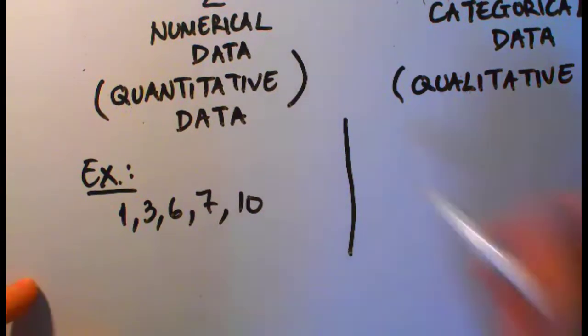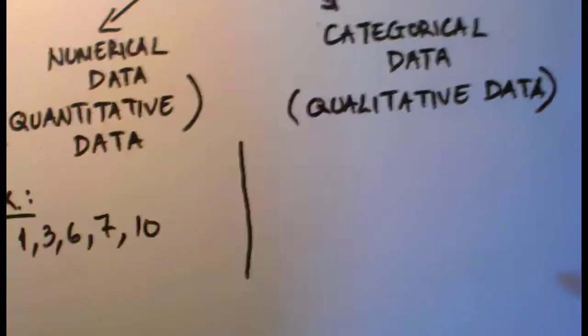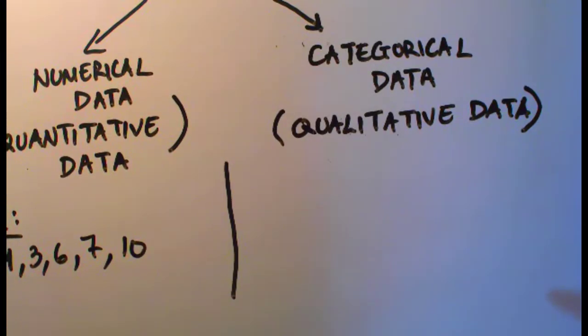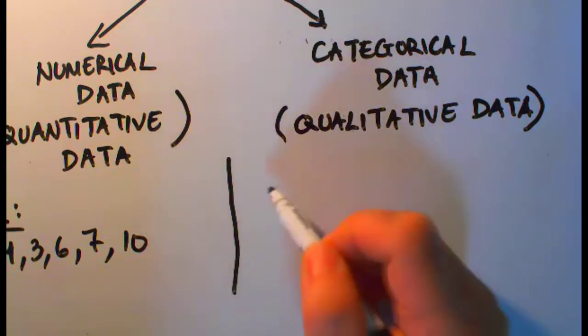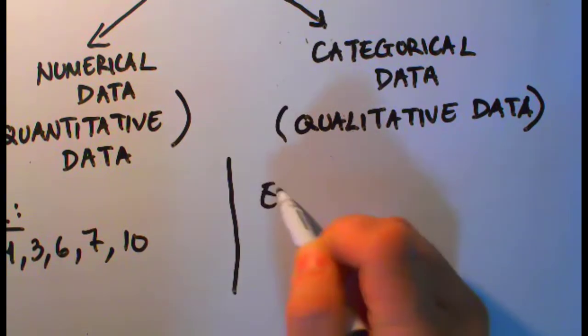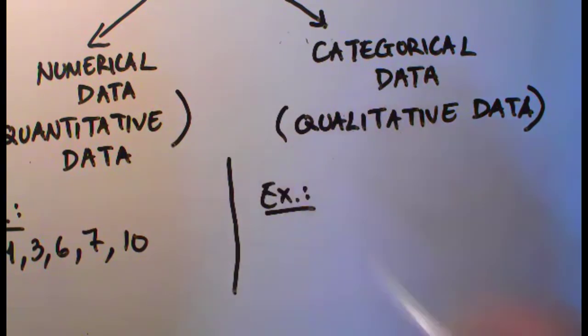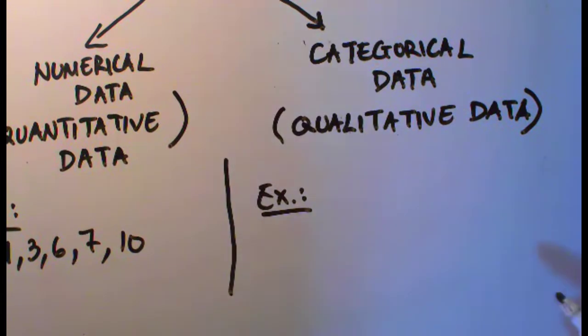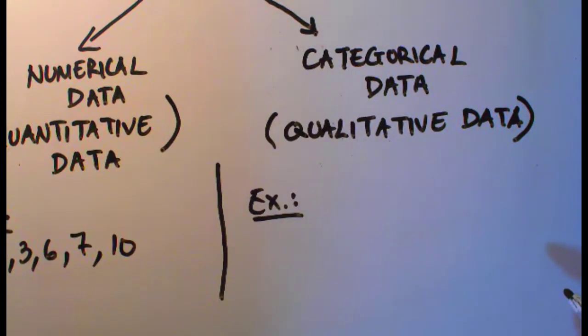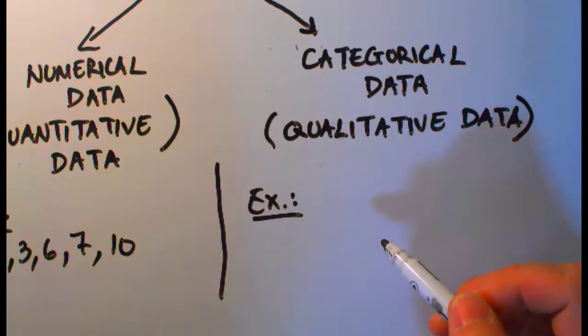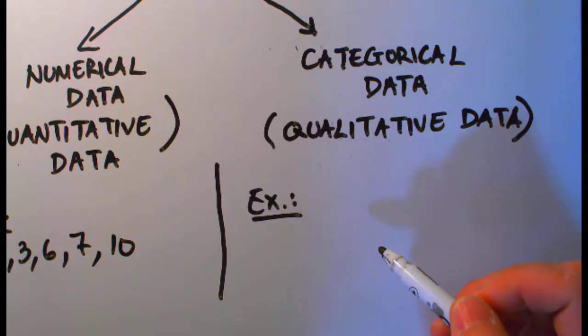Whereas looking over to qualitative data or categorical data, as a quick small example, I'm pretty sure a lot of you have filled out some applications, for example a job application or a college admission application.